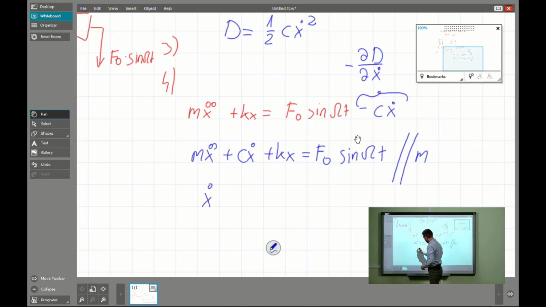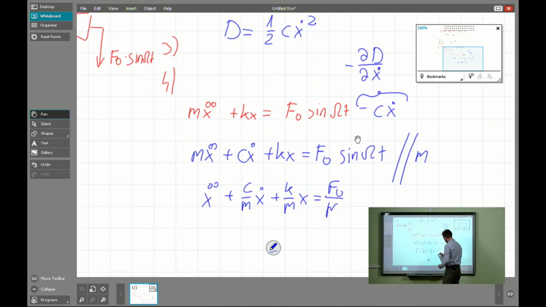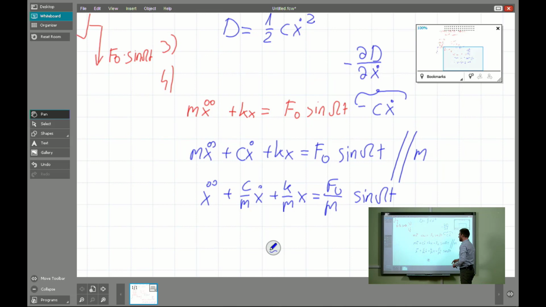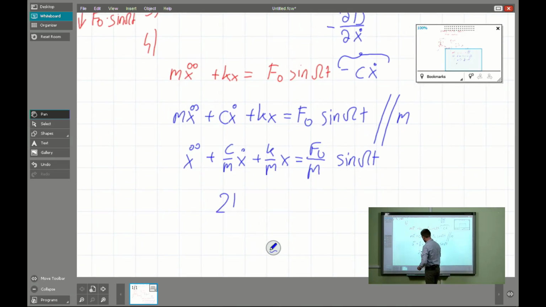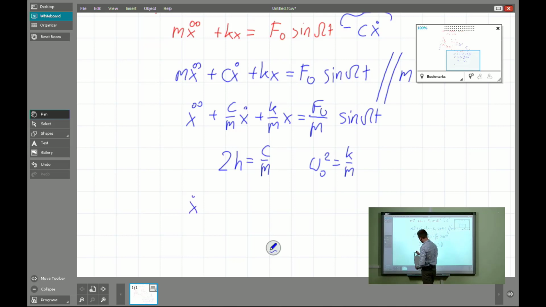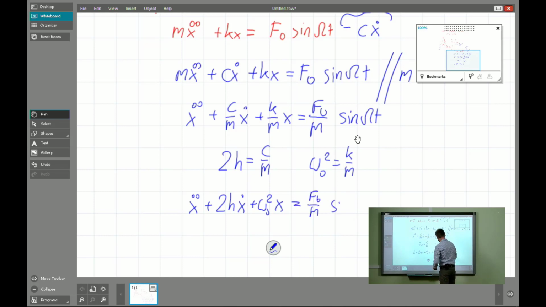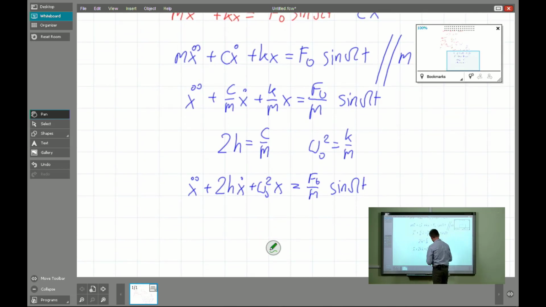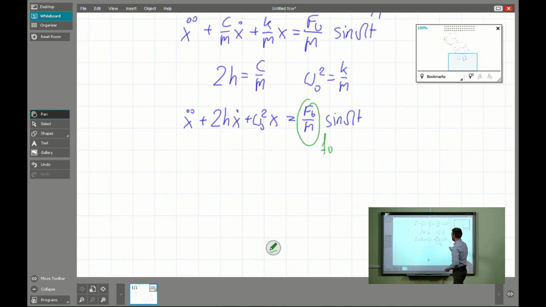It means we have to divide the whole equation by mass, and here we have the following formula: x double dot plus c over m x dot plus k over m x equals F0 over m times sine omega t. Using the same substitution as last time, we introduce 2h as c over m, and omega 0 squared equals k over m. As a result we get: x double dot plus 2h x dot plus omega 0 squared x equals F0 over m times sine omega t, where F0 over m is sometimes called small f0, depending on the literature.